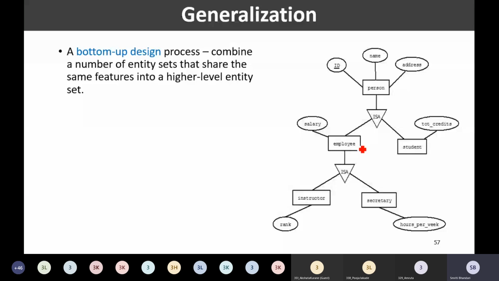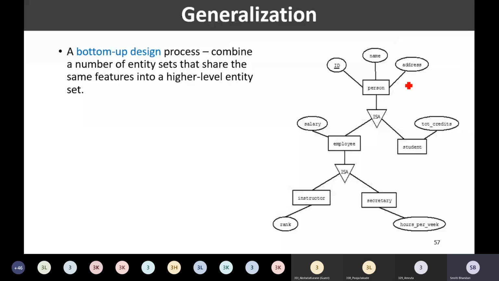So we have identified this entity set employee. We have another entity set identified, that is student. But now we say that employee and student also share a few common attributes. So why not come up with one higher level entity set, that is person. So we come up with this person. So this is a bottom-up process, whereas specialization is the top-down process.